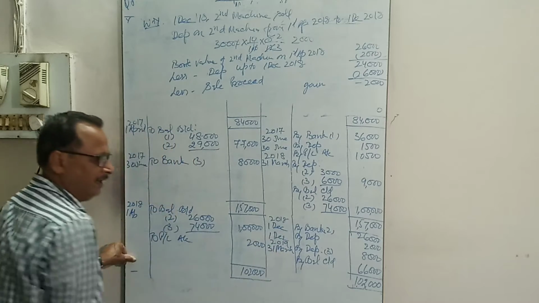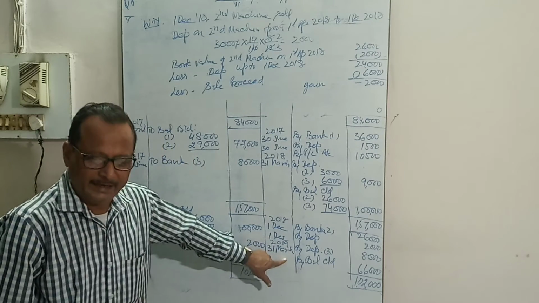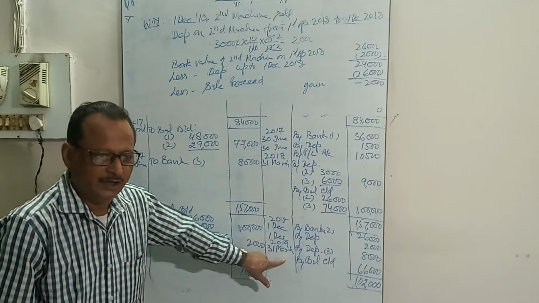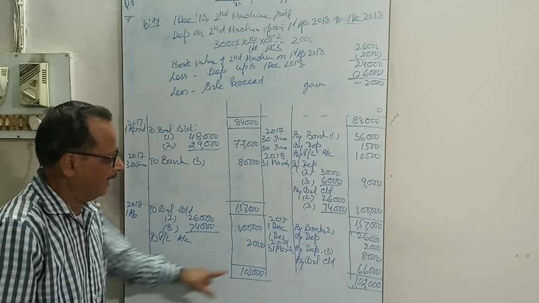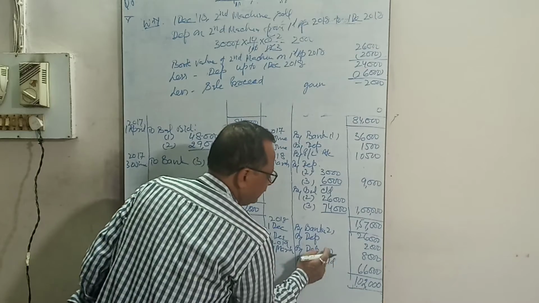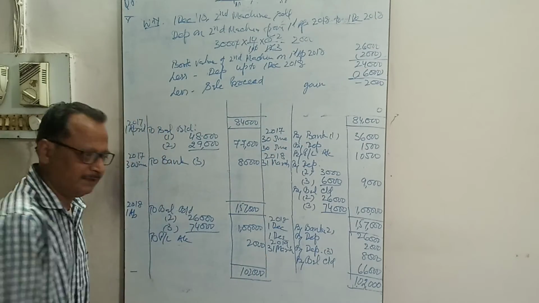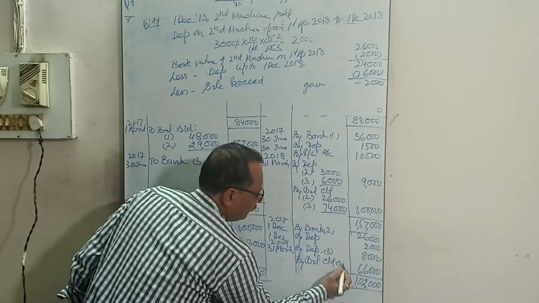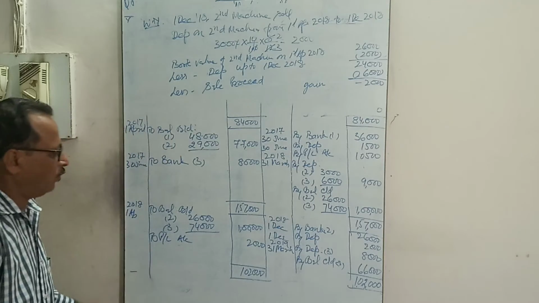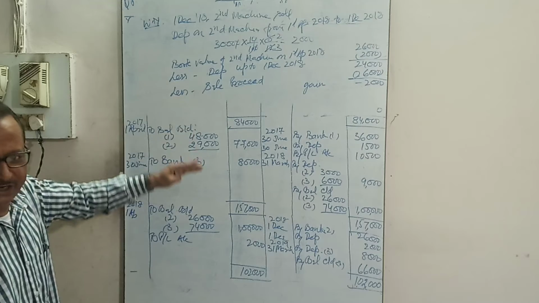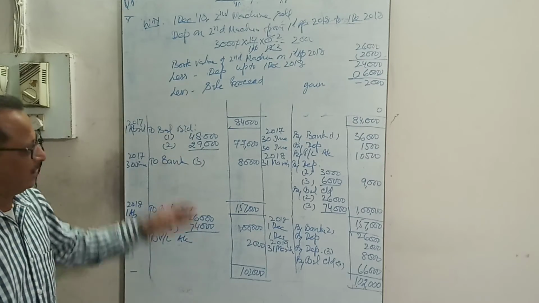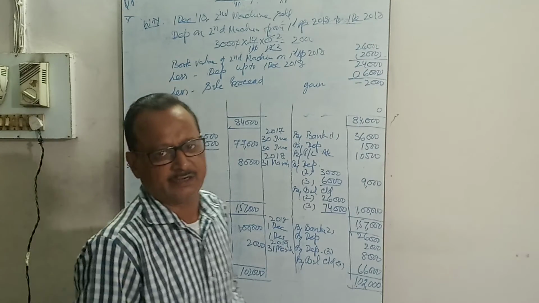And same balance at the end of 2019, 31st March, will be brought down on 1st April 2020, and the third machine remains. Balance carried, balance brought down. When? On 1st April 2019. So this is the way of presenting this depreciation account, as well as the working note you have to present it.